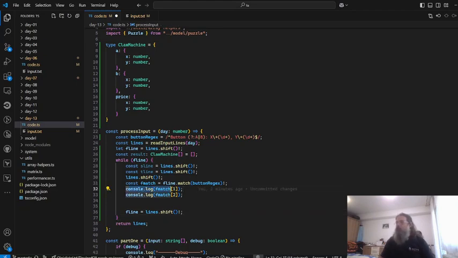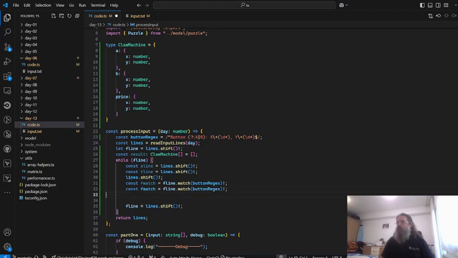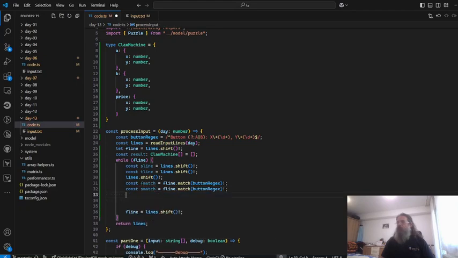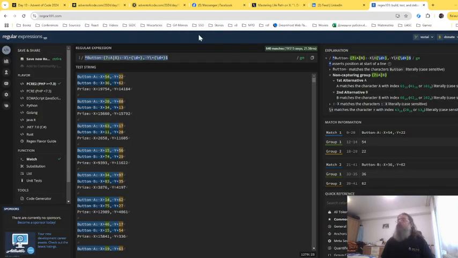So we have the first these matches. Of course, we're gonna need the second matches, and we're gonna need the third matches, but we're not gonna match on the button regex. We need to match on something a bit different. So let's get that.